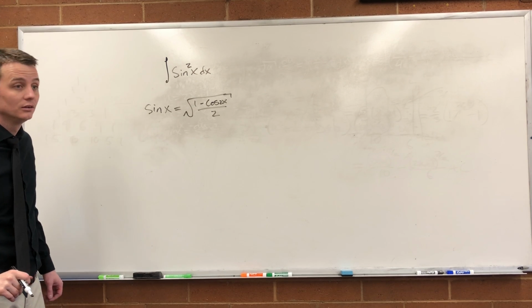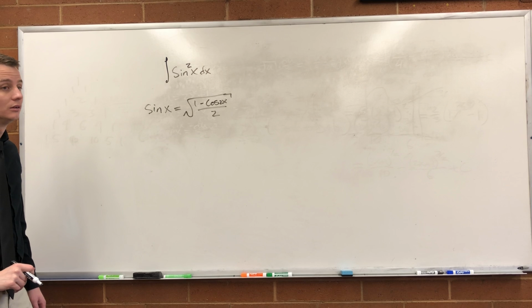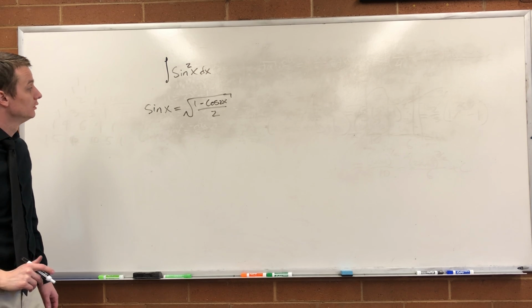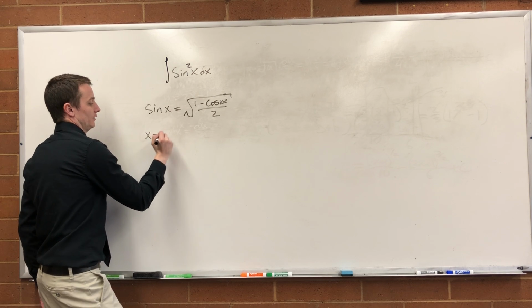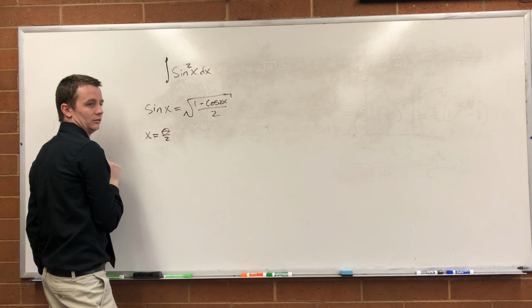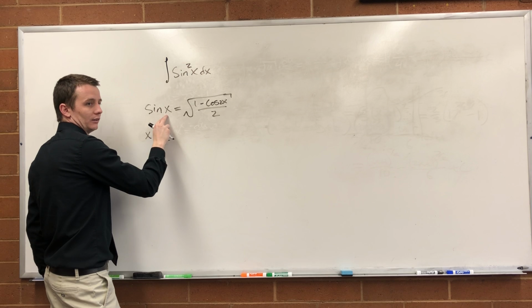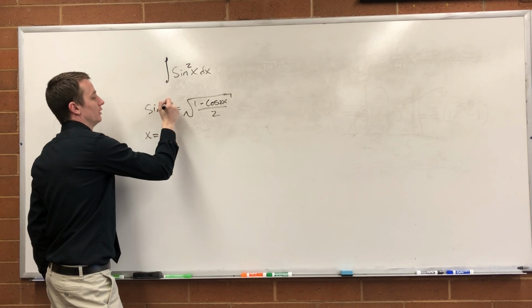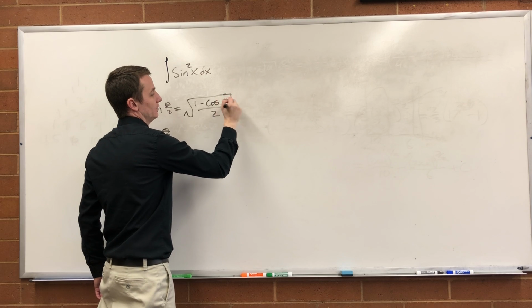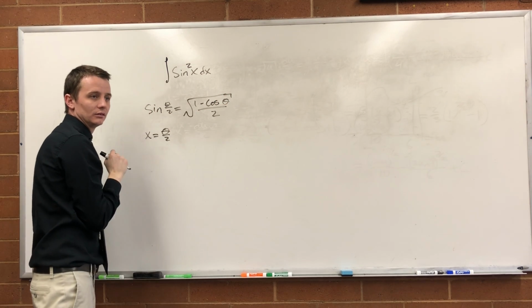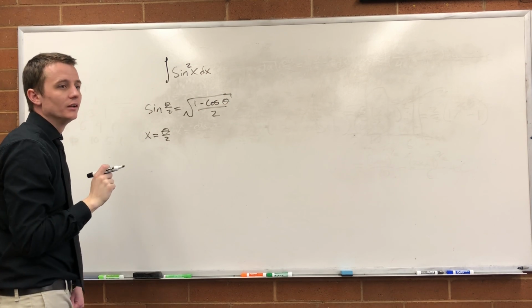I have it as sine of theta over 2. Sine of theta over 2, so x equals theta over 2. Now let's rewrite this. That becomes theta over 2, and this becomes theta. All that matters is the inside one is double what the outside one is. You with me?